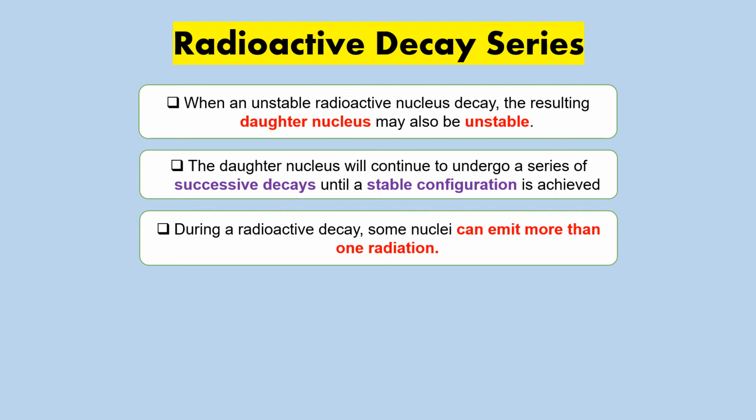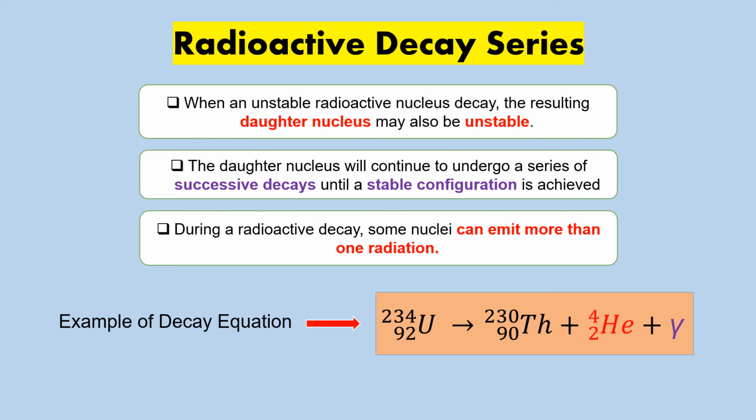During this process, radioactive decay can emit more than one radiation, which means not only one radiation can be emitted at one time. Here is the example of decay equation. In this equation, we could see that the parent uranium nucleus, which has the mass number of 234 and atomic number 92, will produce the thorium daughter, which has the mass number of 230 and atomic number 90.